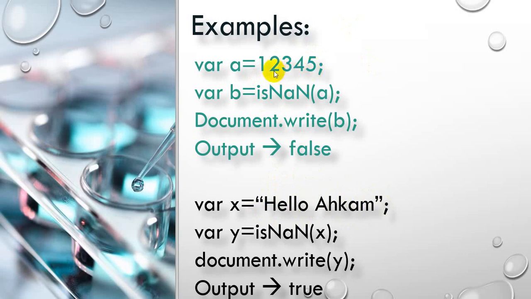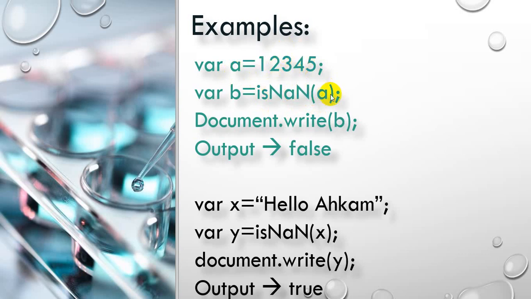So you use a variable in which you store some value, and now by using variable b, you are going to store the result of this function. This function will evaluate and check the value entered in a, because inside a you have stored 1234.